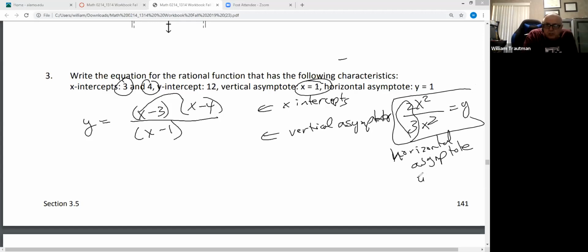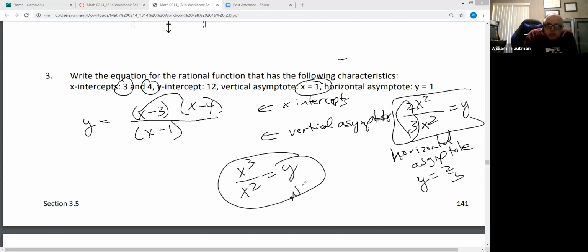Horizontal asymptote always starts with y equals, and it's 2/3 if the powers are the same. Okay, if the top power is more than the bottom power, then there's no horizontal asymptote.